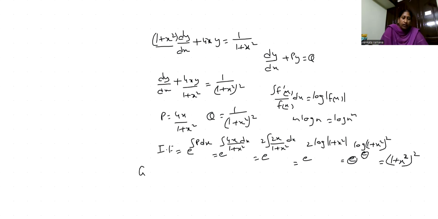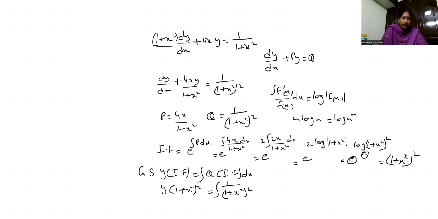Next we have to find the general solution. The general solution is y into integrating factor is equal to integral of Q into integrating factor dx. Now substitute the integrating factor: y into (1 plus x square) whole square is equal to integral of 1 by (1 plus x square) whole square into (1 plus x square) whole square dx. The (1 plus x square) whole square terms cancel.